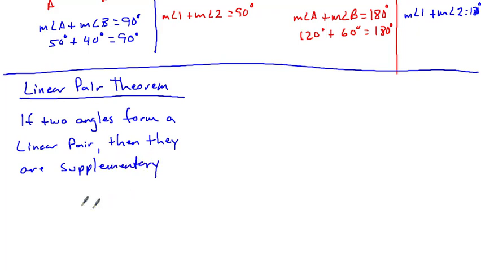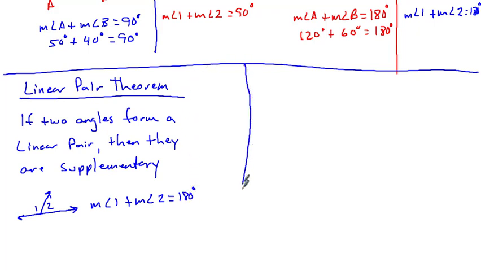And the linear pair theorem says that in this picture, which is basically the same picture we just drew, the measure of angle 1 plus the measure of angle 2 equals 180 degrees. So this is an important one. You want to write that down. Linear pair theorem. Put a box around it, star it in your notes. We need to memorize it.